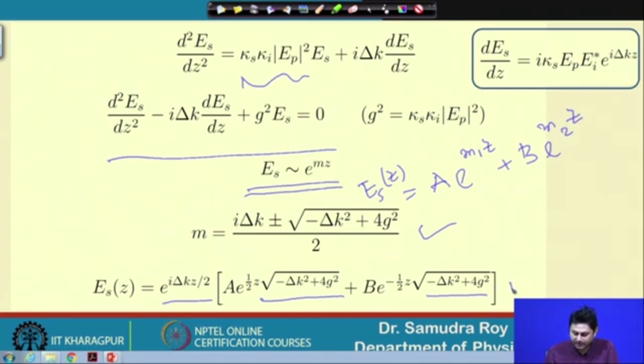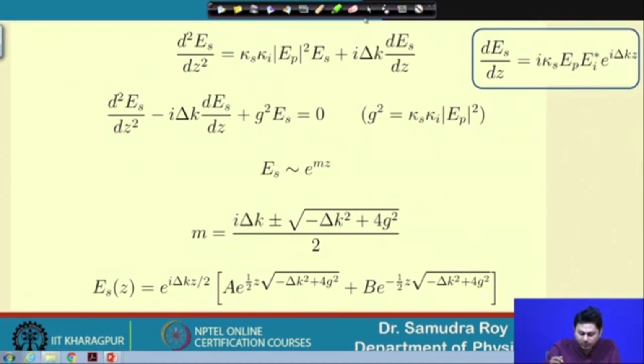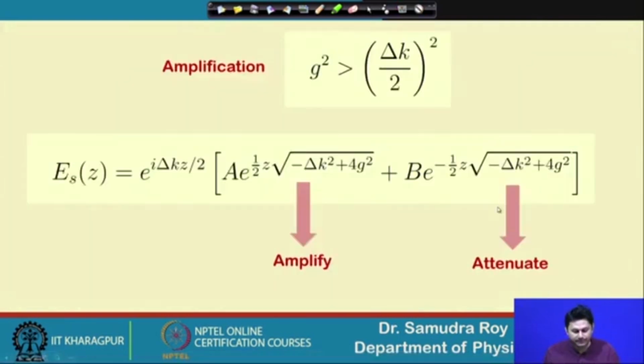So we have the complete expression for E_s, and if I put delta k equal to 0, it converts to our old expression from the previous calculation. It seems to be a sech, hyperbolic kind of solution when delta k equals 0, but when delta k is not equal to 0, the solution is slightly modified, and for this modified solution we want to see a few things.